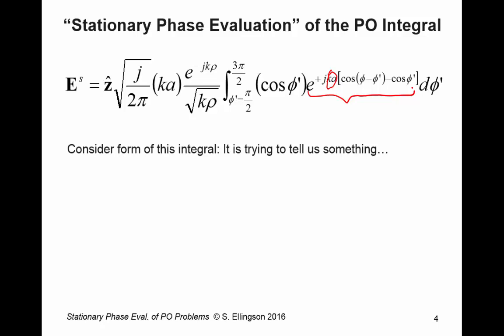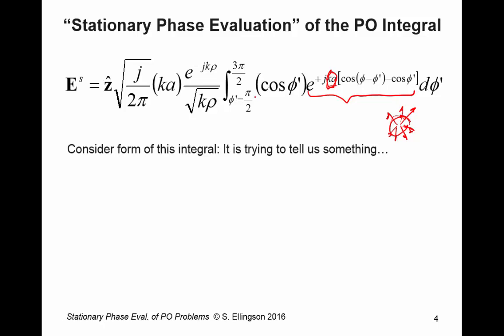We mean that e to the plus j anything is a vector which points in different directions and has unit magnitude, and it's spinning around. If ka is large, it spins around a lot. If ka is small, it might only rotate a quarter of a turn. But in the kind of problems we're interested in, where ka is large, this spins around pretty fast.